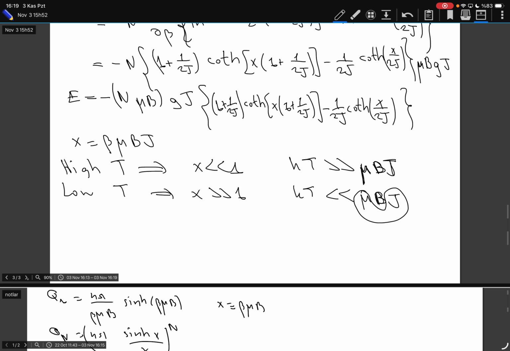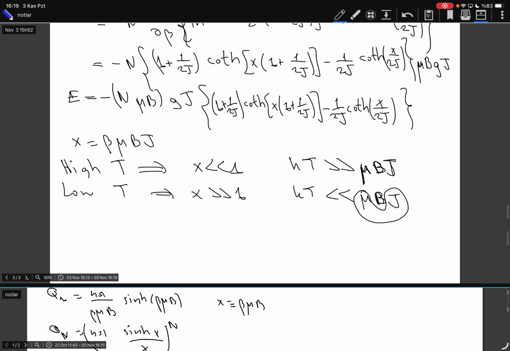The magnitude of the magnetic moment is mu times J. There's also g mu times J. If J is large enough, you practically recover the classical result. That's also another application of the classical correspondence.